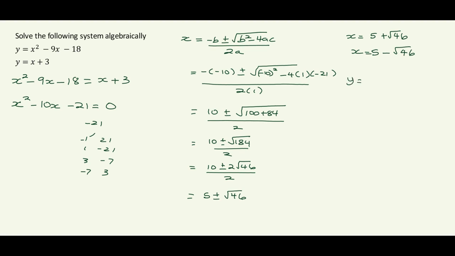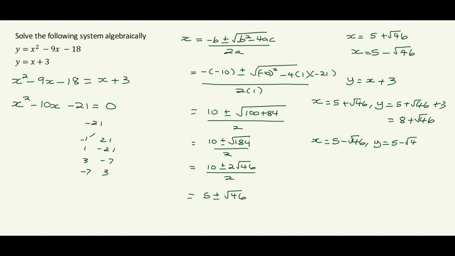Now we're told that y is x plus 3. So for x equal to 5 plus the square root of 46, y equal to 5 plus the square root of 46 plus 3, which is 8 plus the square root of 46. For x equal to 5 minus the square root of 46, y equal to 5 minus the square root of 46 plus 3, which is 8 minus the square root of 46.